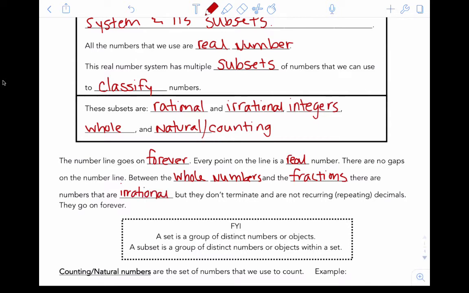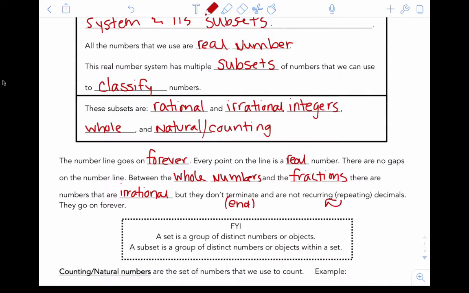This means that they're decimals, but they don't terminate, which means they don't end, and they're not recurring, which means they are not repeating decimals. So these decimals go on forever and ever and ever.